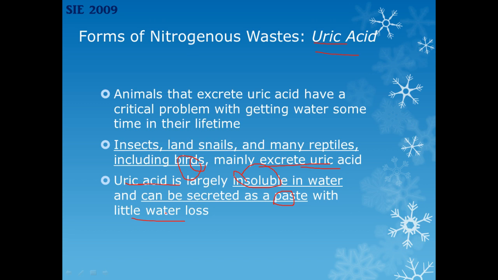They are secreting it in the form of uric acid, so they did not contaminate the eggs. Non-contaminated eggs mean that the eggs are healthy, viable offspring which will survive and reproduce. So this is why many reptiles and birds secrete their nitrogenous waste in the form of uric acid.